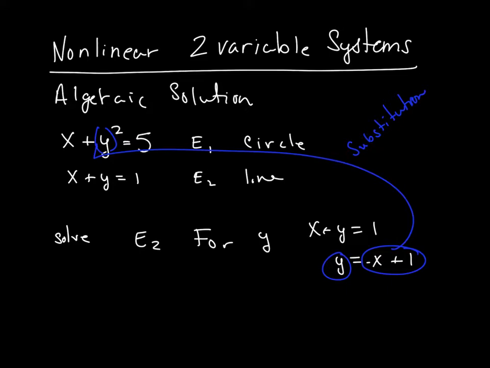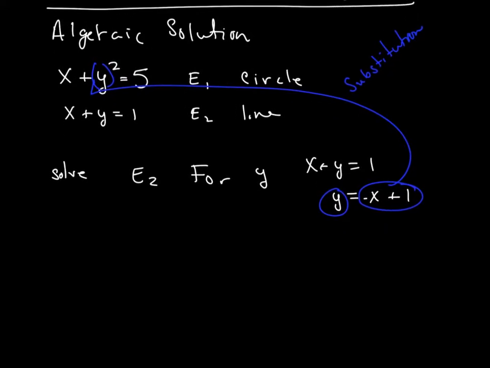All right, so when I plug that back in, I get x squared plus quantity negative x plus 1 squared is equal to 5.